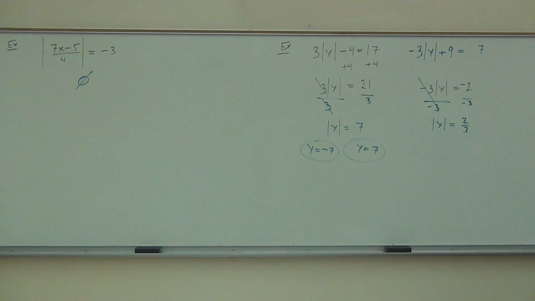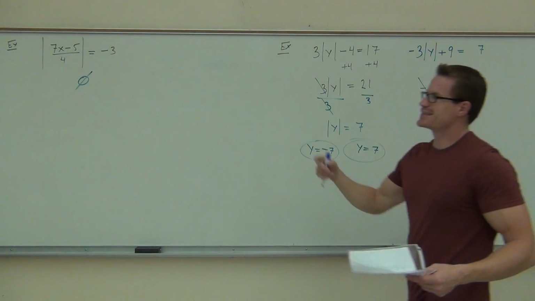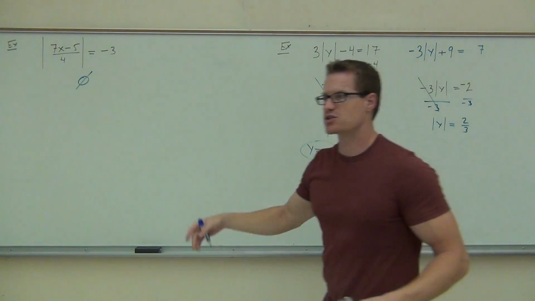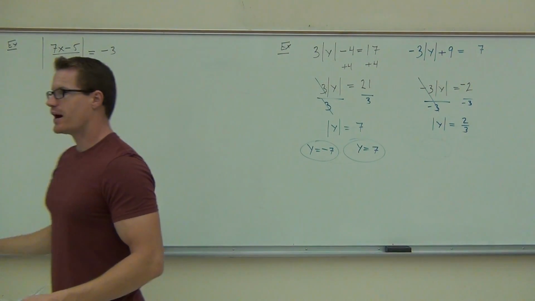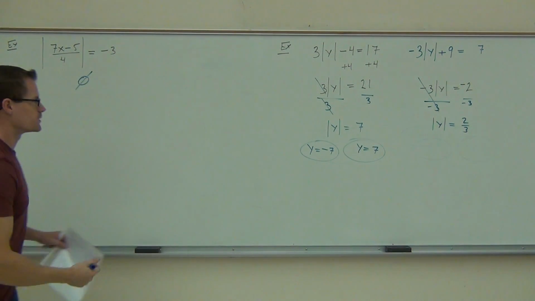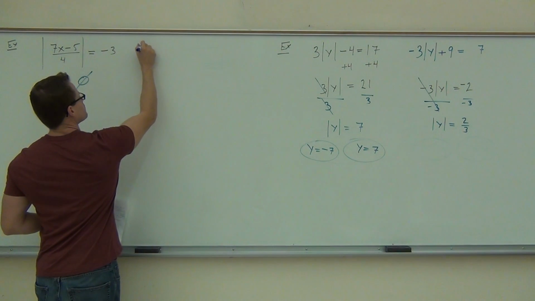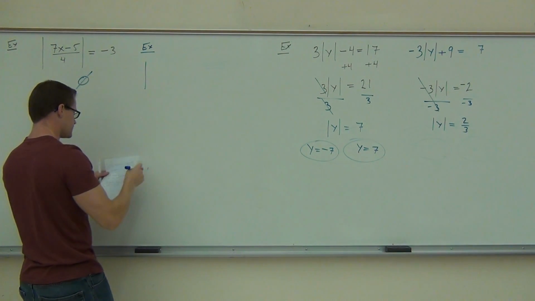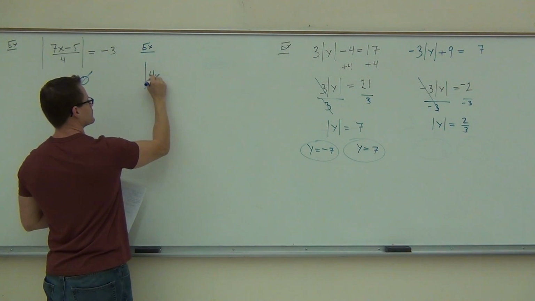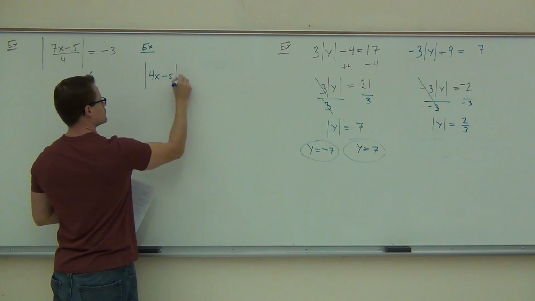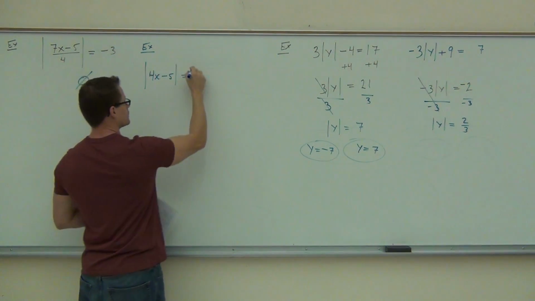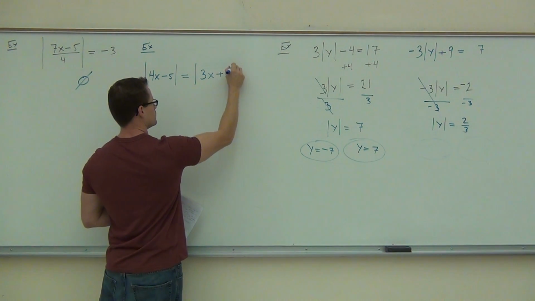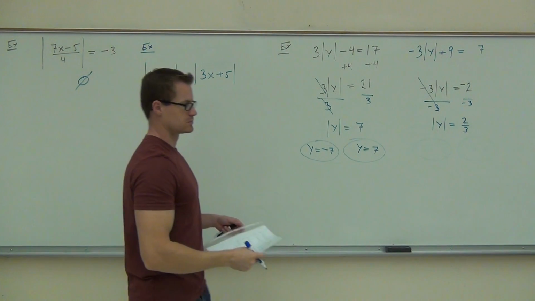Now, the last question we have to ask is, what would happen if, instead of having an absolute value equal to a number, like we've had in every other case, we have an absolute value equal to an absolute value? So for instance, like that.